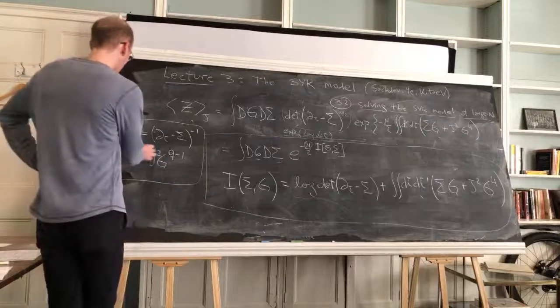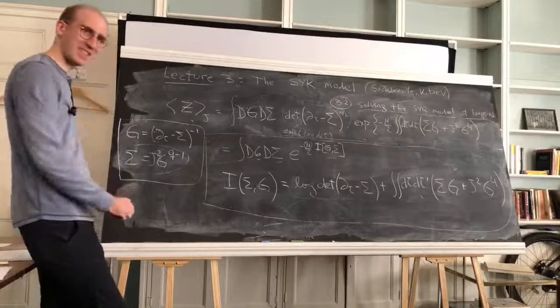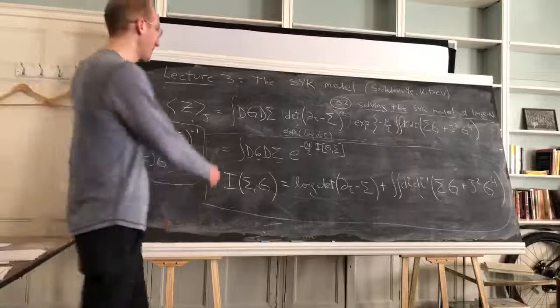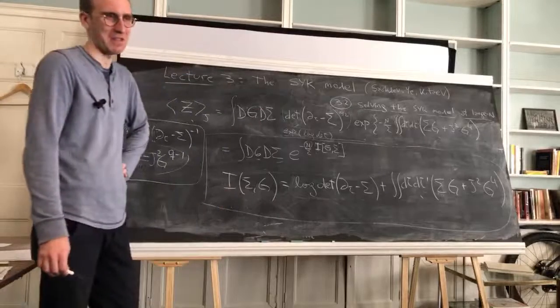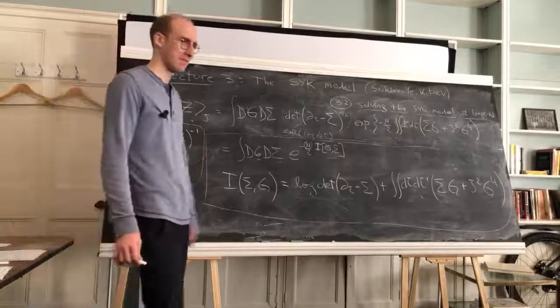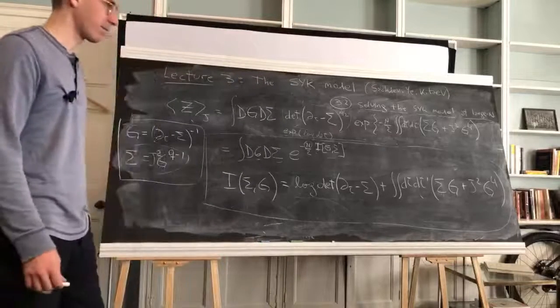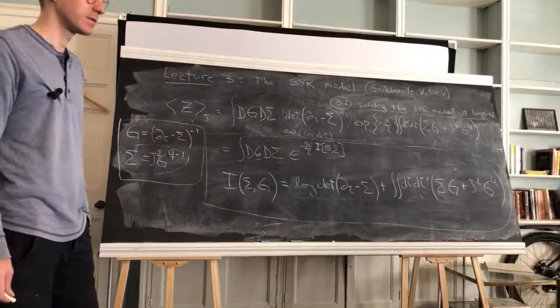After you do the computation, you can see that it's something like this from the equation, but when you insert this as a Lagrange multiplier in the path integral, yeah. Good question.